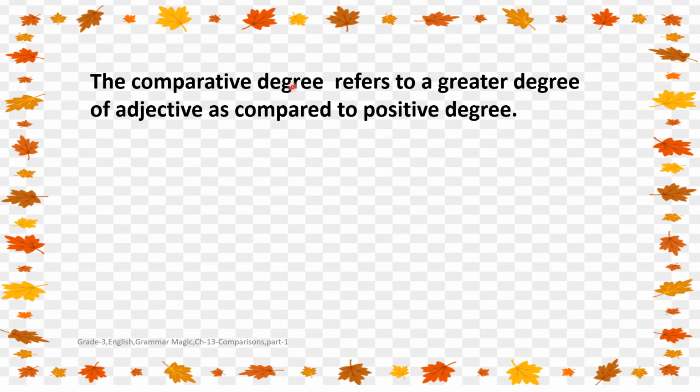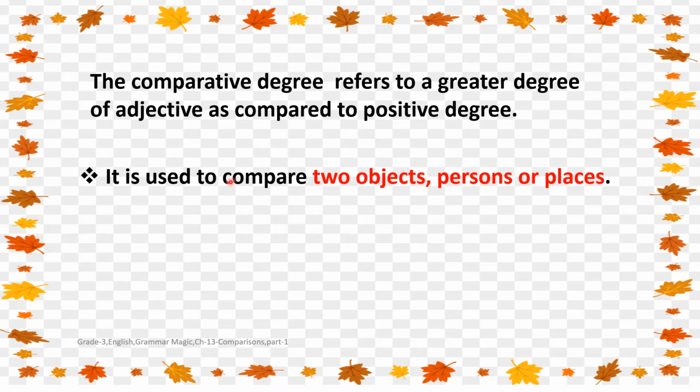The comparative degree refers to a greater degree of adjective as compared to positive degree. It is used to compare two objects, persons or places. Now children, in comparative degree it is totally different. It compares two objects, two persons or two places, not more than that, only two.